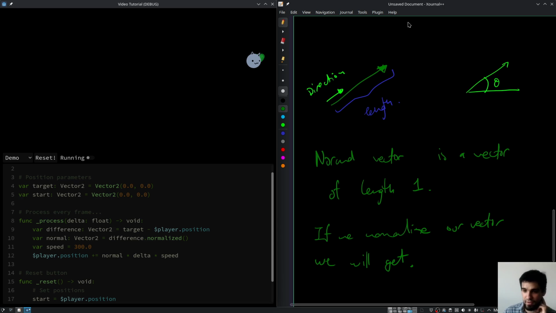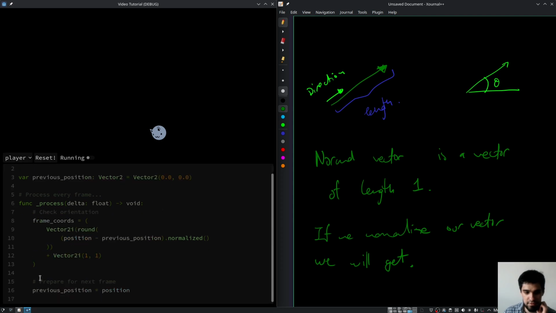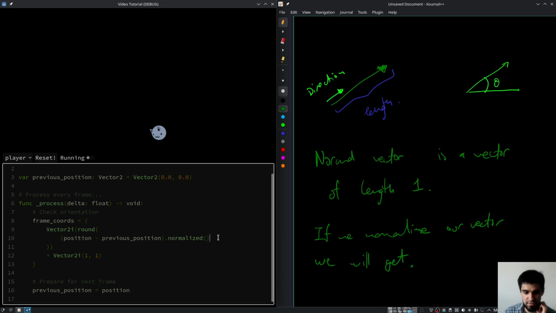Another example of how we can use normal vectors is, you might have noticed this little cat is actually looking in the direction that it's moving, right? So the question is, how does this work? If we look at this code, it is once again using normalize. So what is it doing?